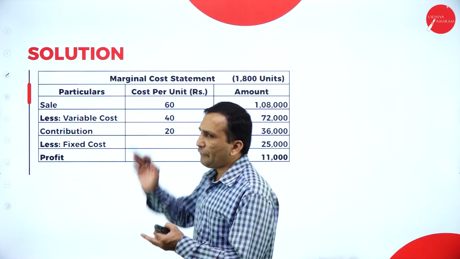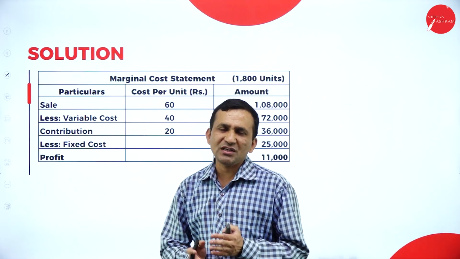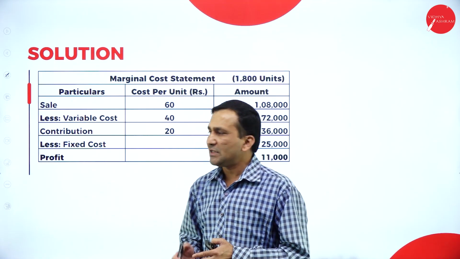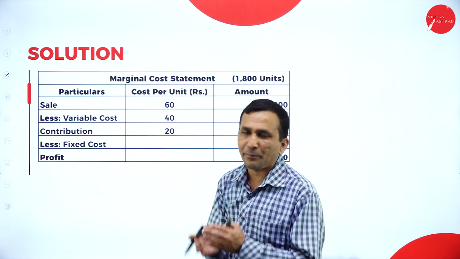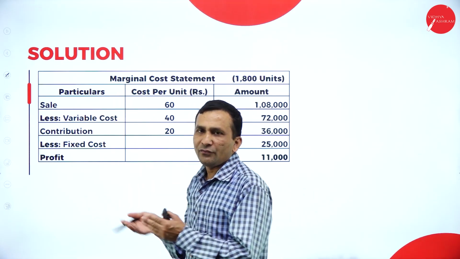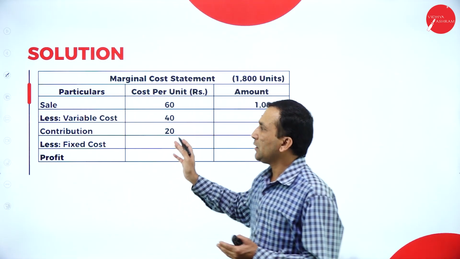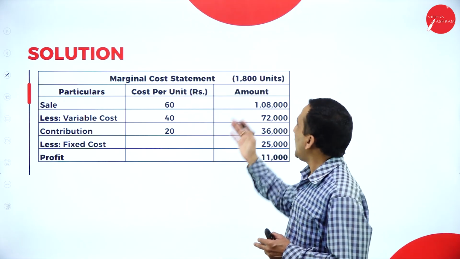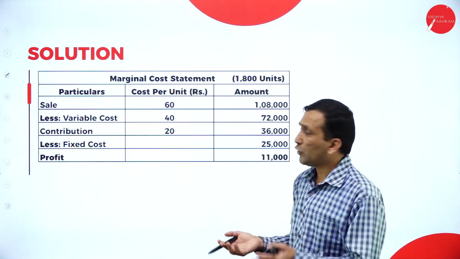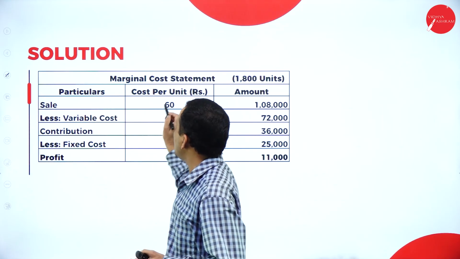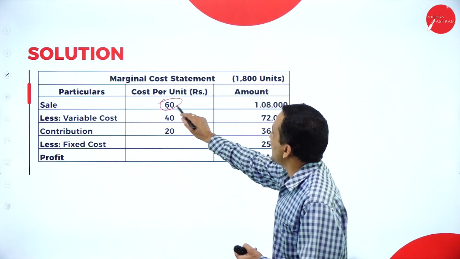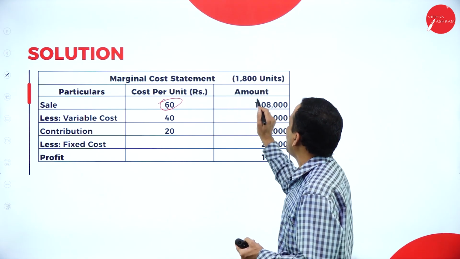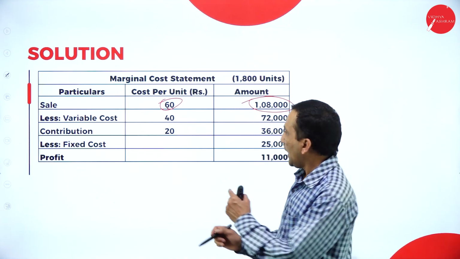First we need to calculate the contribution, which is very important, and the fixed cost information is also given. For that reason we are preparing a marginal cost statement. There are 3 columns: particulars, cost per unit, and the total value or amount. Selling price is 60; multiplying 60 into 1,800 we get 1,08,000.